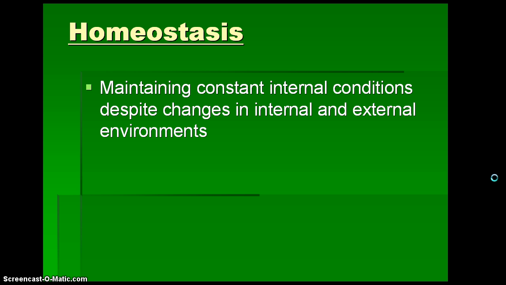When it's very cold outside, your body's internal conditions are maintained through homeostasis to keep you from dying of hypothermia. When we talked about enzymes earlier this year, you remember that temperature was one of the key things that denatured enzymes. Homeostasis helps to avoid the denaturement of enzymes, for example.